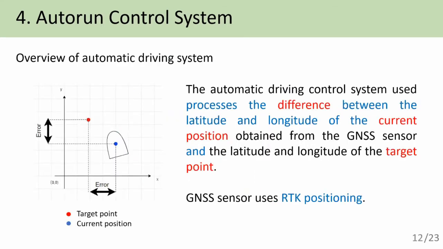Next, the overview of the automatic driving system. The automatic driving control system processes the difference between the latitude and longitude of the current position obtained from the GNSS sensor and the latitude and longitude of the target point. The GNSS sensor uses RTK positioning.